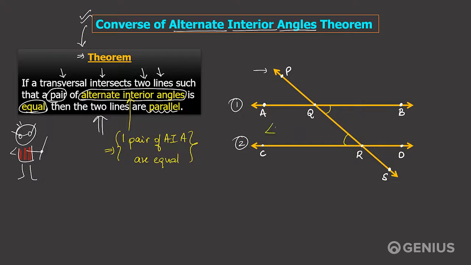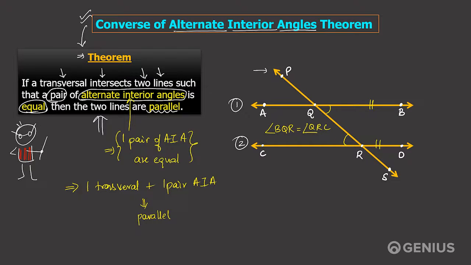So the angle BQR and angle QRC are a pair of alternate interior angles इस diagram में, ठीक है? तो let's say these two alternate interior angles are equal to each other, ठीक है? तो the theorem then proceeds to say that if these conditions are met, that is, we have a transversal and at least one pair of alternate interior angles are equal, so then the two lines are parallel. So that is, if we look at the diagram, तो lines AB and CD are parallel.